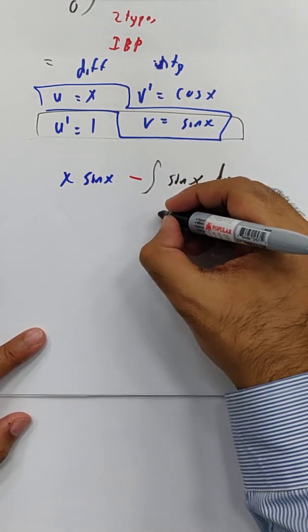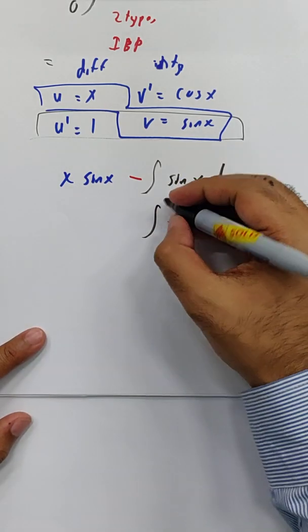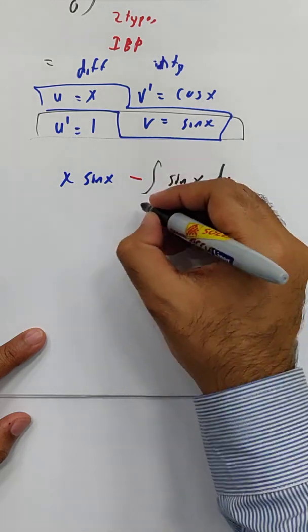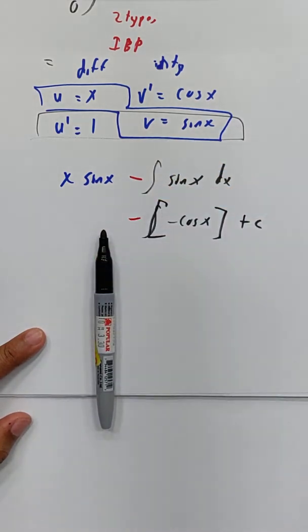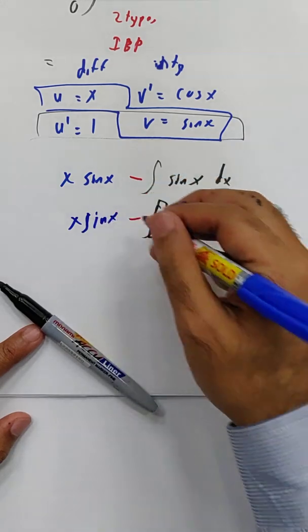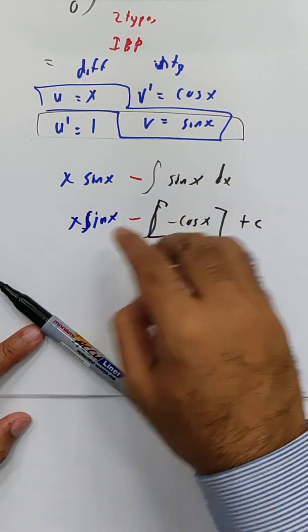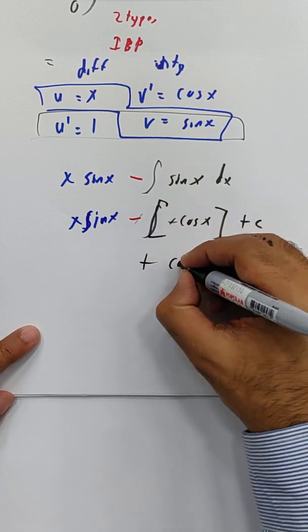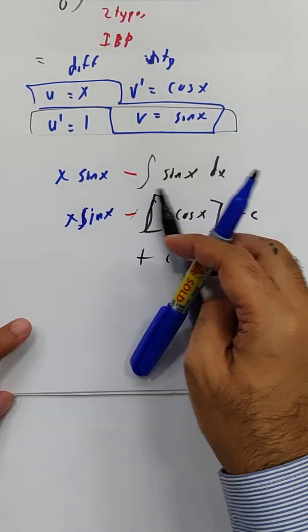Yeah, this is the only one. Oopsie, wrong symbols. Sin x, okay. Negative, positive, negative, negative. Positive cos x. Are you okay, class?